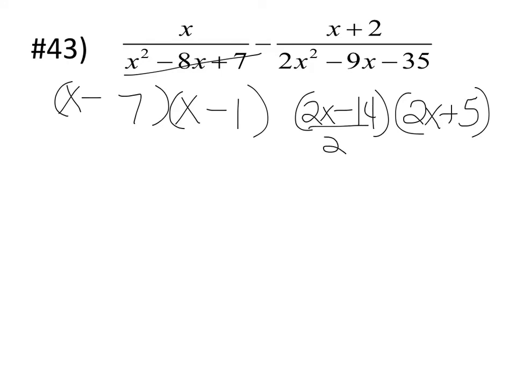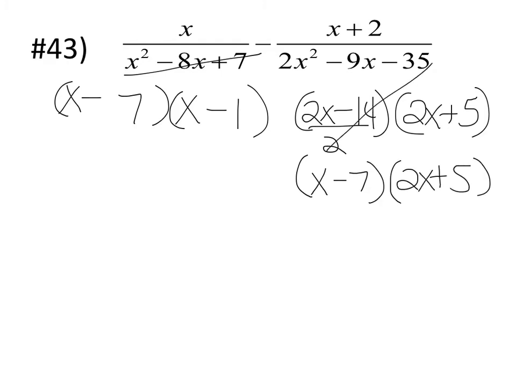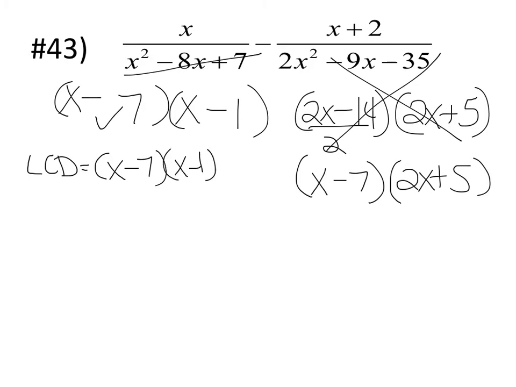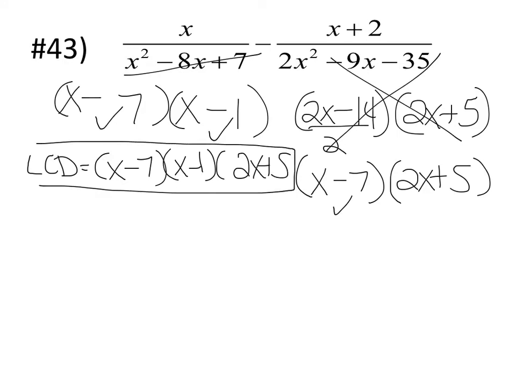This can be divided by 2, which is going to give you x minus 7, and still 2x plus 5. And then I always cross this out so I don't get confused. So my LCD is going to be x minus 7 times x minus 1. X minus 7 we've already got, times 2x plus 5. So that's your LCD. So everything needs to be written over that.